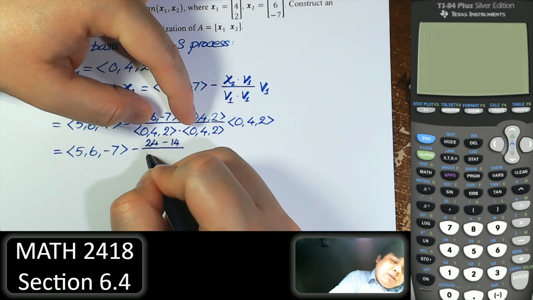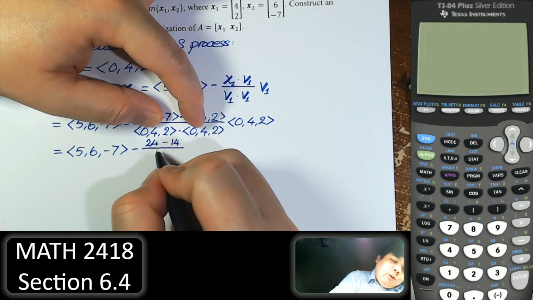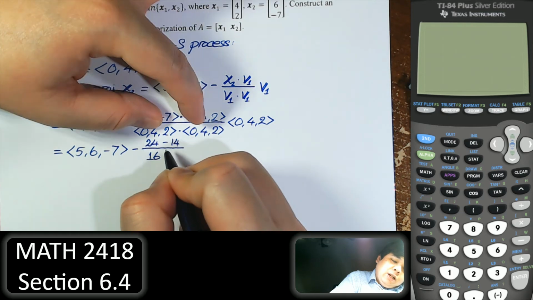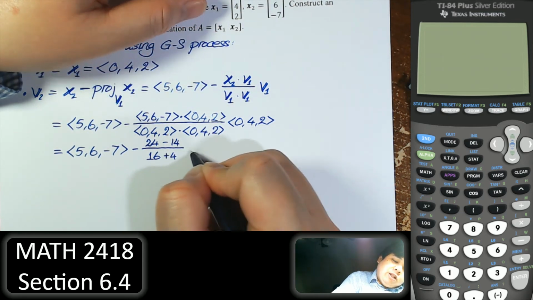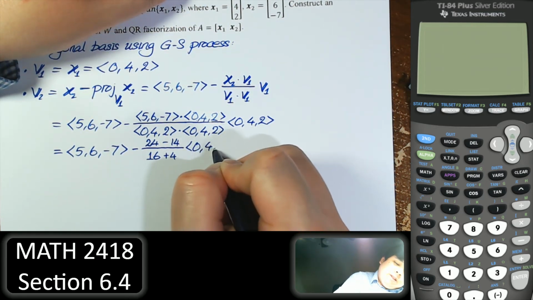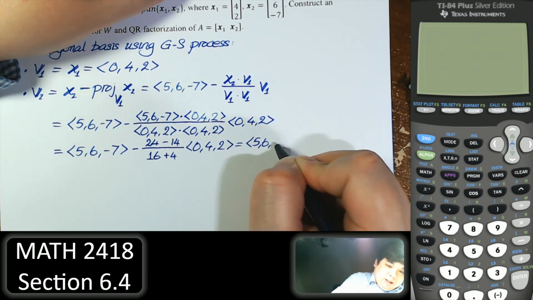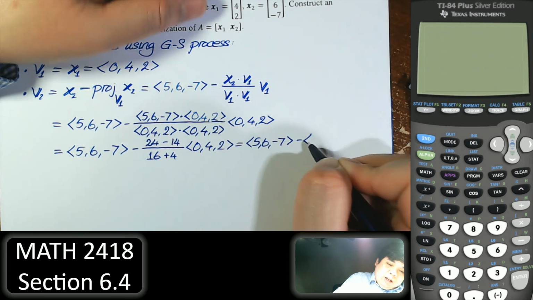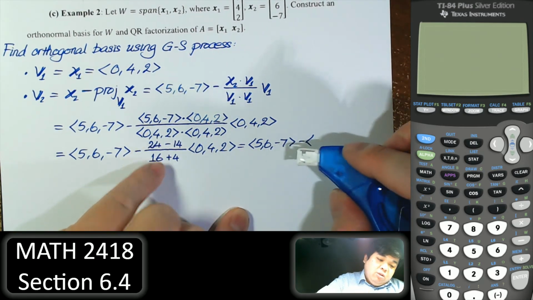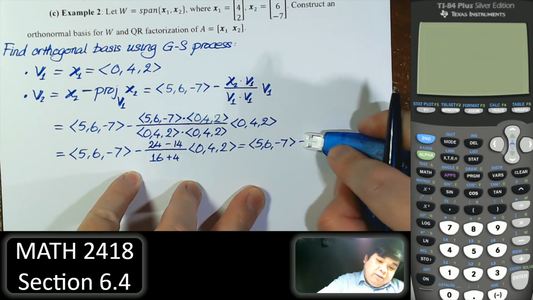The bottom is 0, 4 times 4 is 16, 2 times 2 is 4. Oh, it's not that bad. 5, 6, negative 7, subtract. That's 10 over 20, so 1/2.